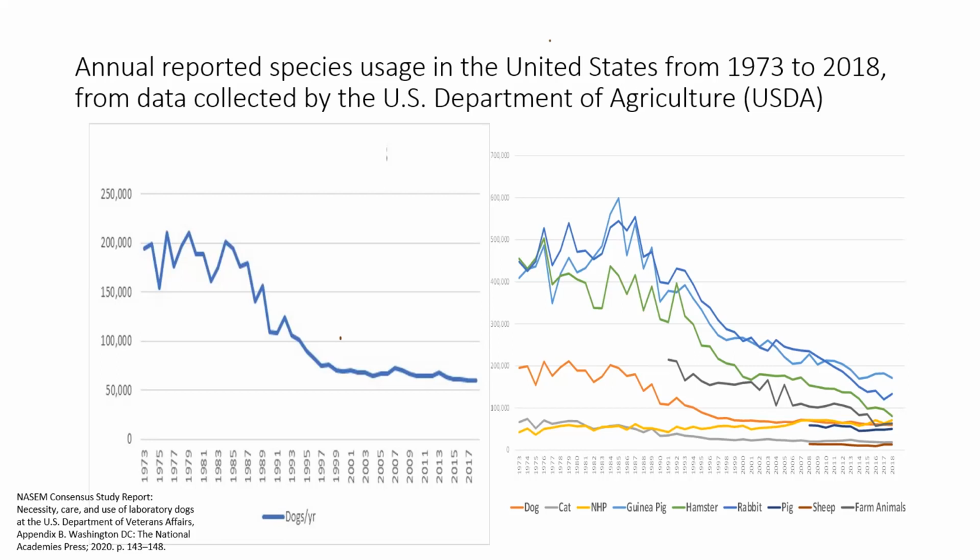And with one exception, they all show the same pattern as you saw with dogs, indicating that the fall off in dog use was not specific to dogs, but was specific to a much larger phenomenon affecting use of animals, animal research in the United States, and as I'll show you in a minute, globally.